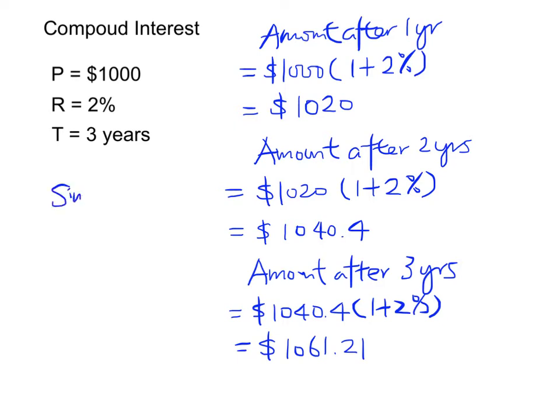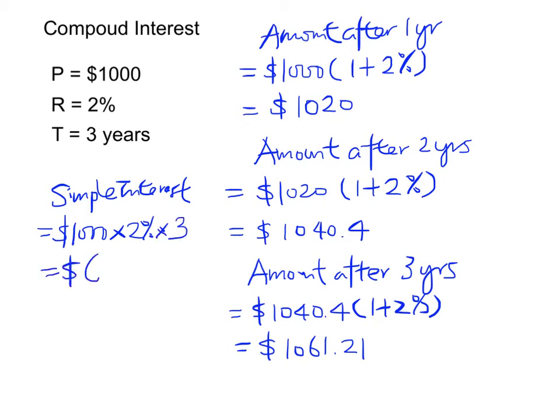We have simple interest equals P times R times T, $1,000 times R, 2%, and then times T, which is 3 years. And this amounts to $60. So this one is $1.21 less than the compound interest.